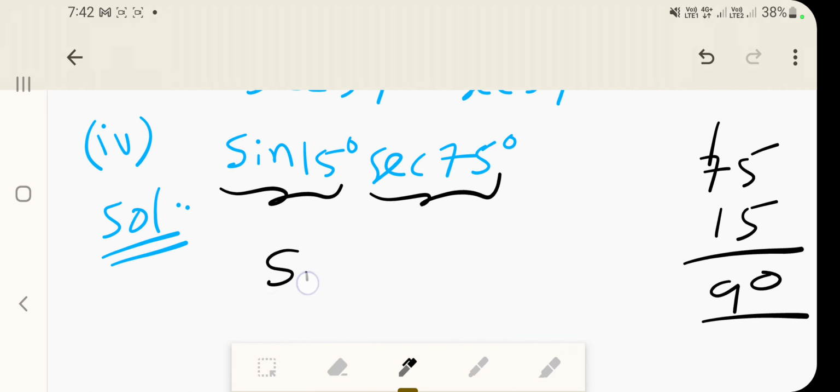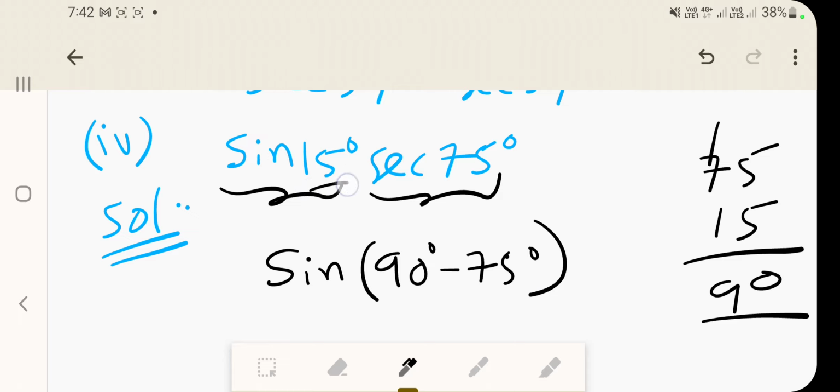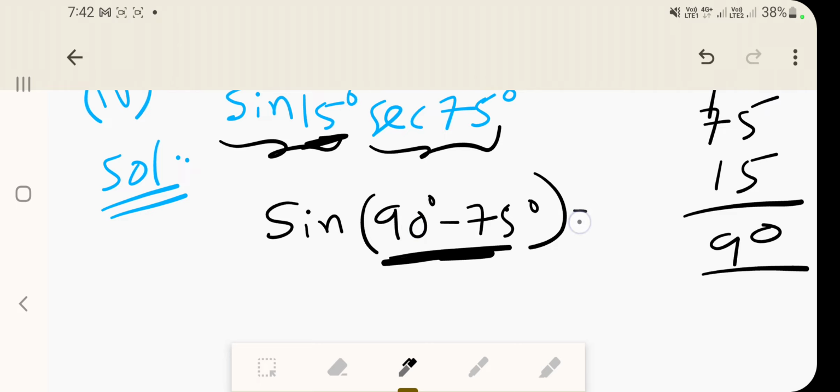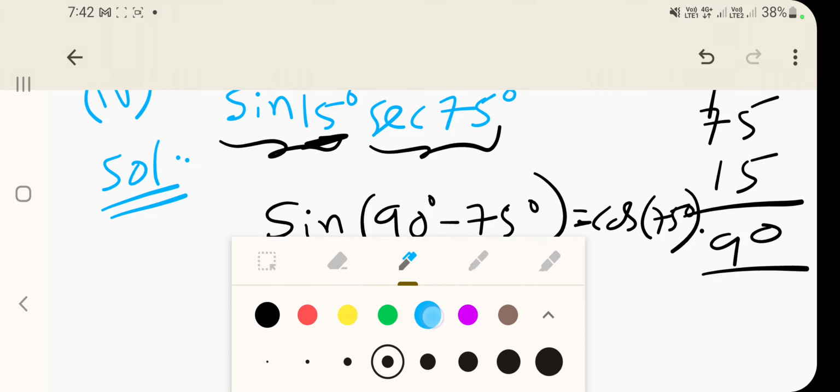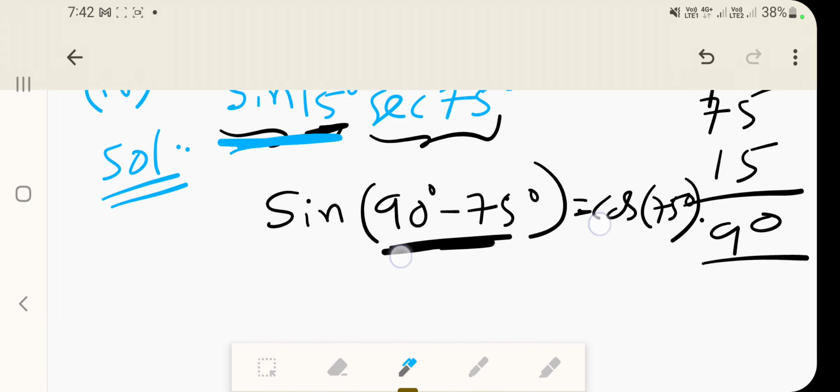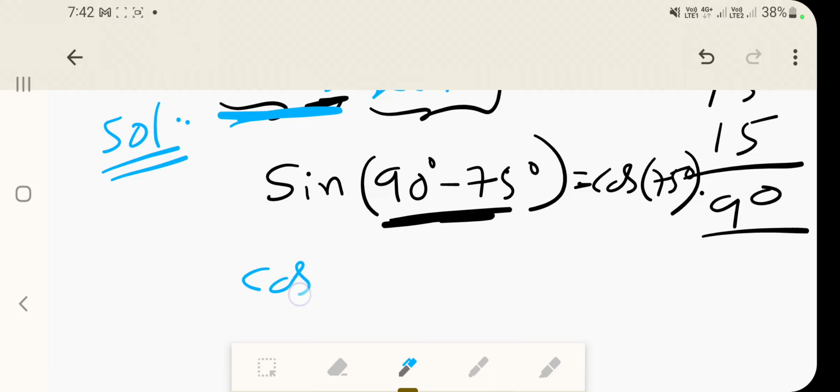And sine 15 can be written as sine 90 minus 75, that is, in place of 15 degrees we can write 90 minus 75. And we know that sine 90 minus theta is cos theta, that is cos 75 degrees.